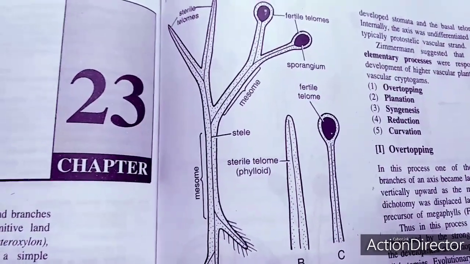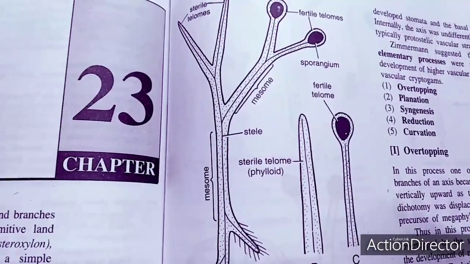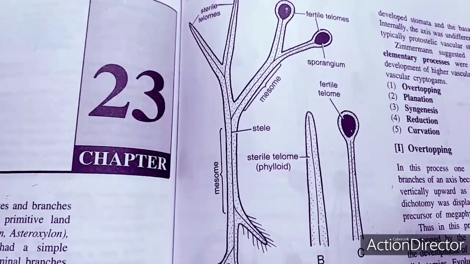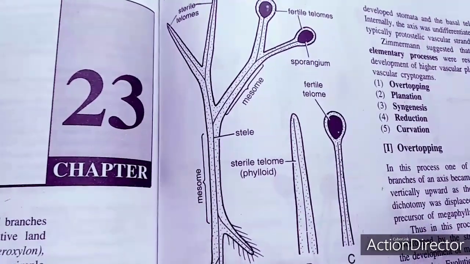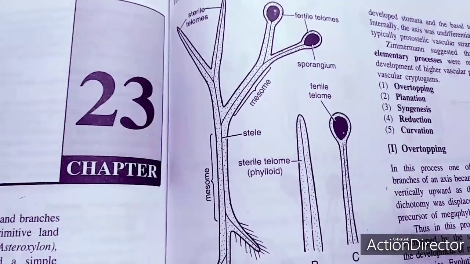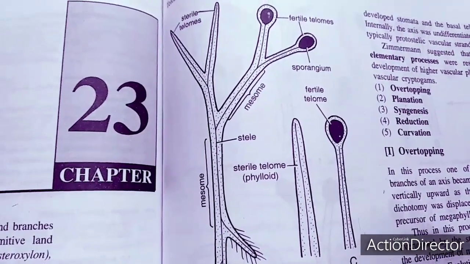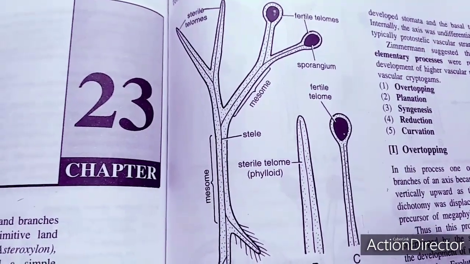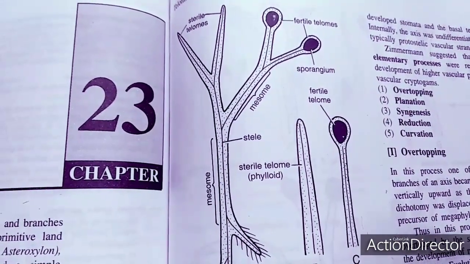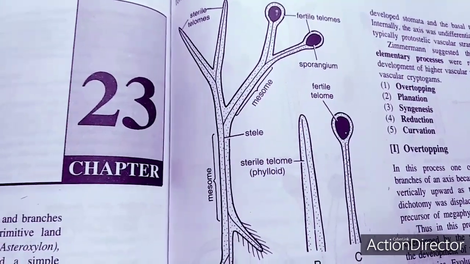Once we are talking about the telome, how the other structures have been formed, how ontogeny has taken place, how development and evolution have taken place, we come to how the origin of higher land plants was initiated. Zimmermann suggested that the primitive vascular plants originated from unicellular green algae, with repeated division leading to large undifferentiated forms with parenchymatous thalli.